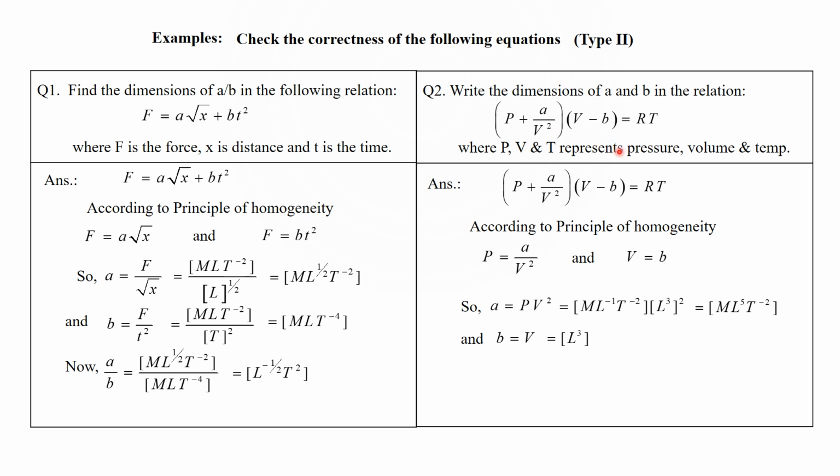All of these terms are individually equal to RT. That means PV equal to RT. Also, A by V equal to RT. Then minus of PB equal to RT, and you can equate them. If you know the dimensions of R, then you can find and you will get the same result.